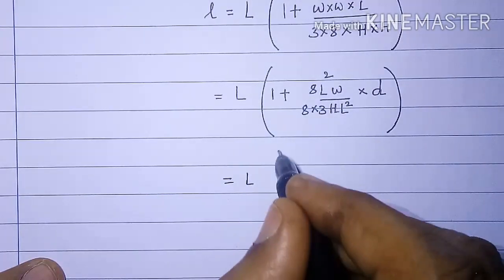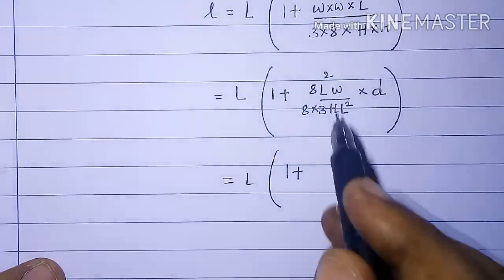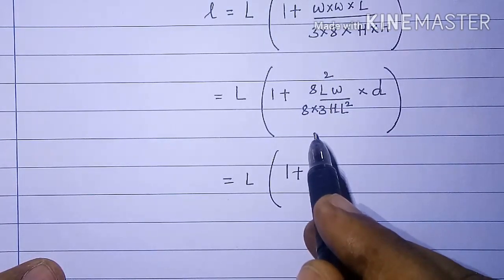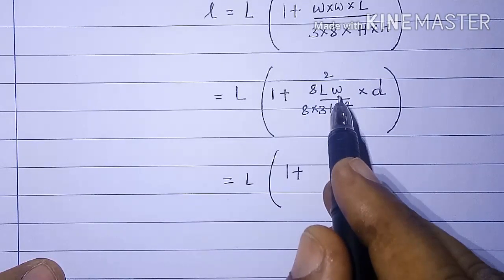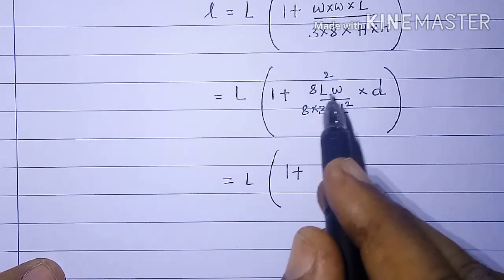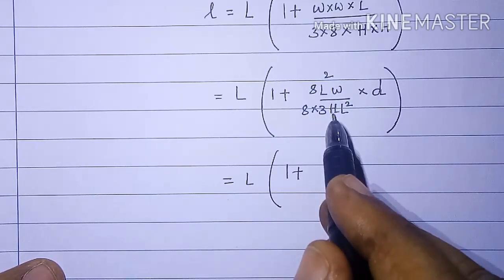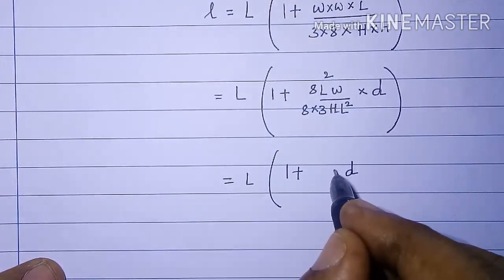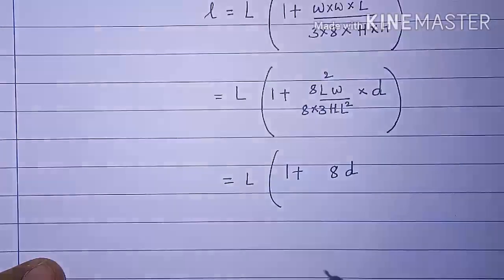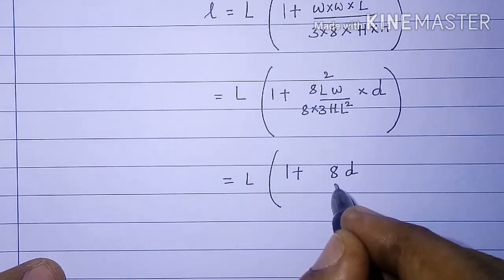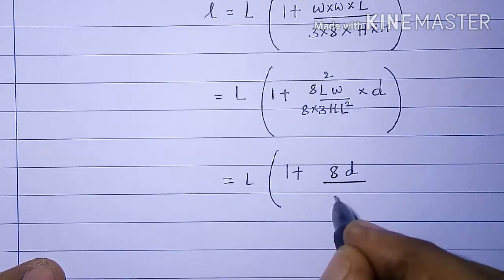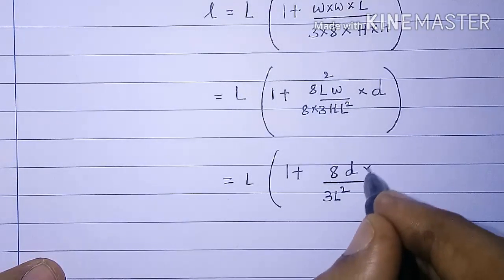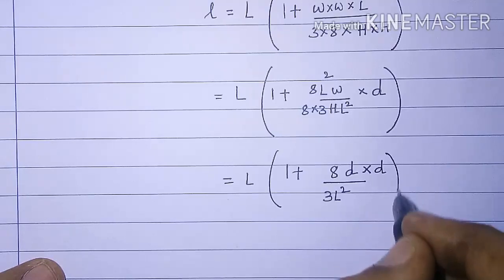Now capital L into the bracket 1 plus 8 WL square upon... WL square upon 8H is D. Remaining constants I will write as they are, 8 upon 3L square and another D as it is.